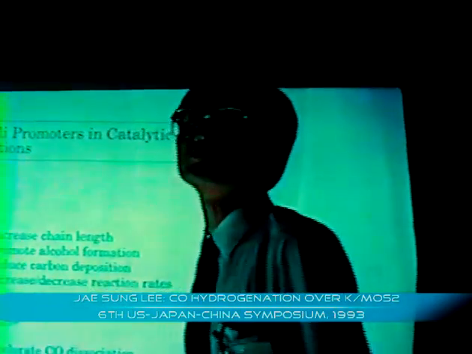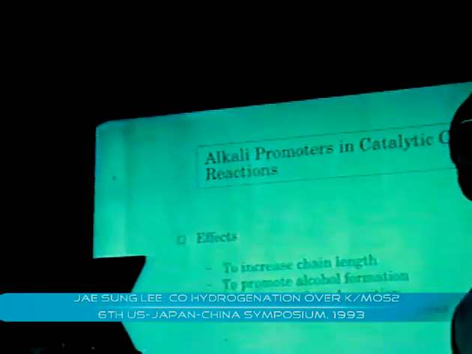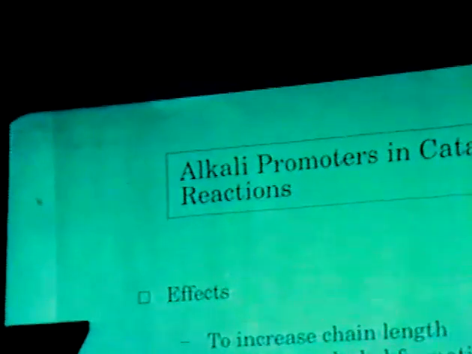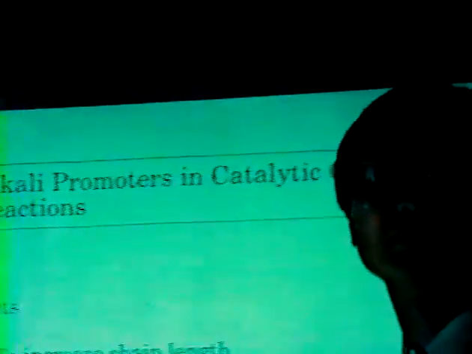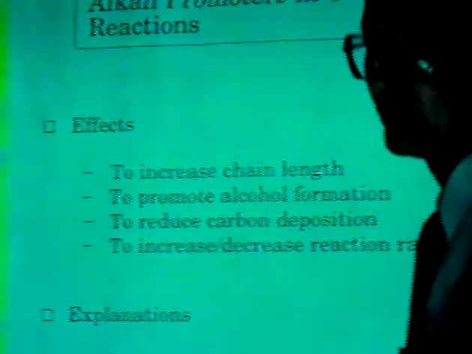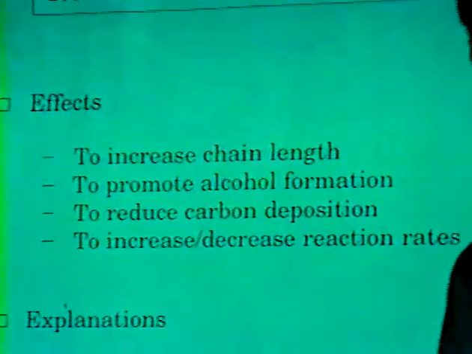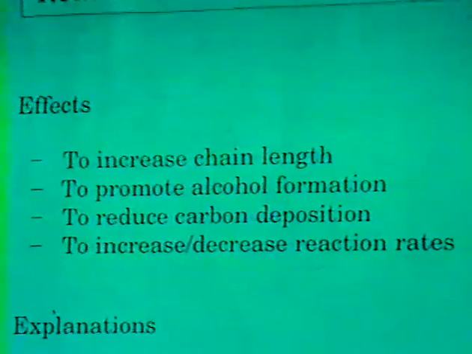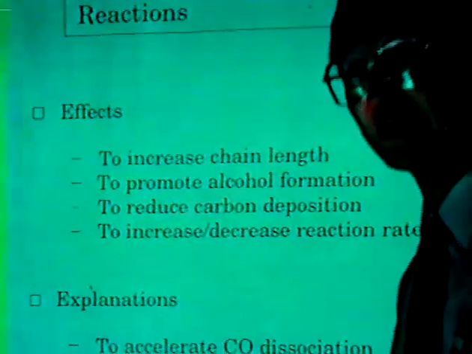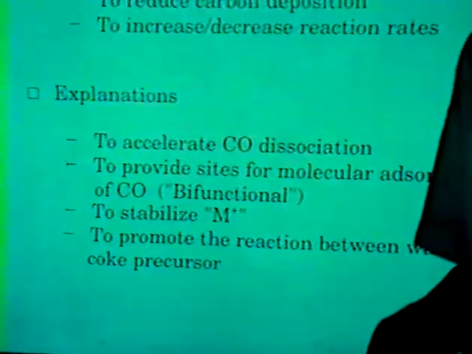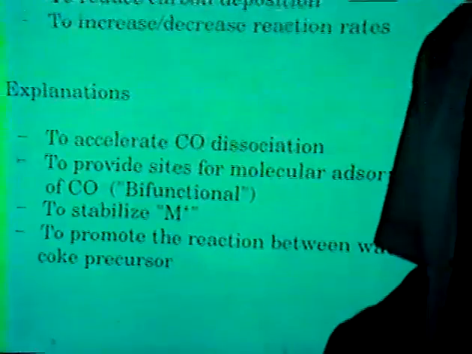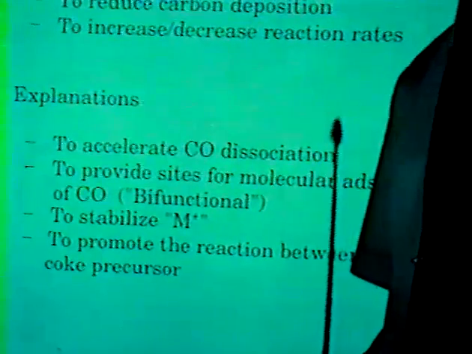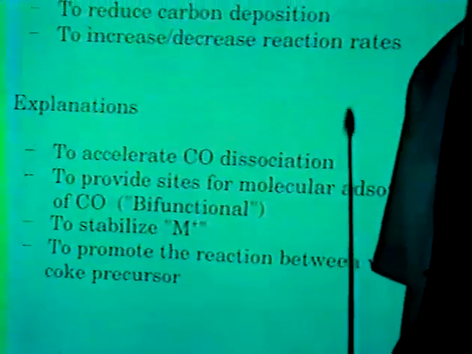Alkali promoters are widely used in catalytic CO hydrogenation reactions, and their effects are summarized here, and various explanations have been proposed to account for those observed effects. Looking at the literature, we learn that depending on the situation, one promoter exercises one effect or another.